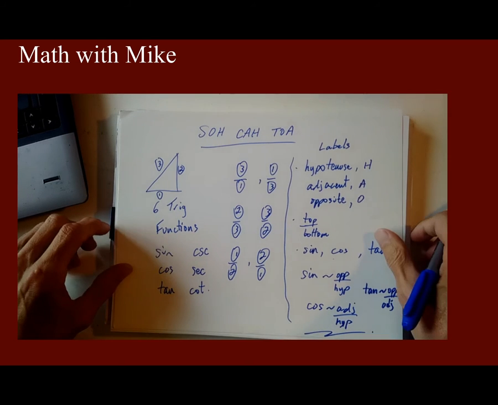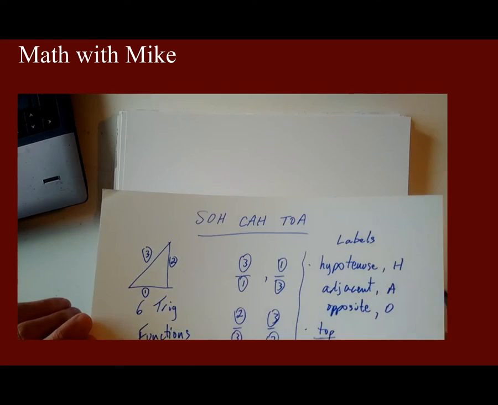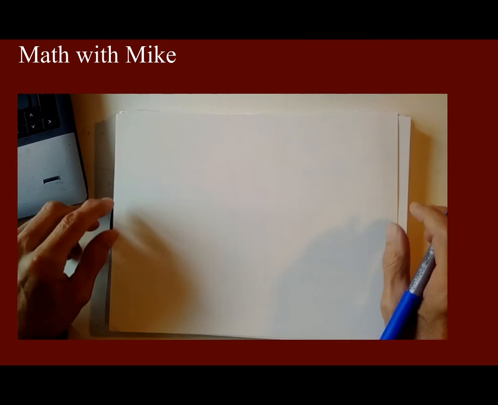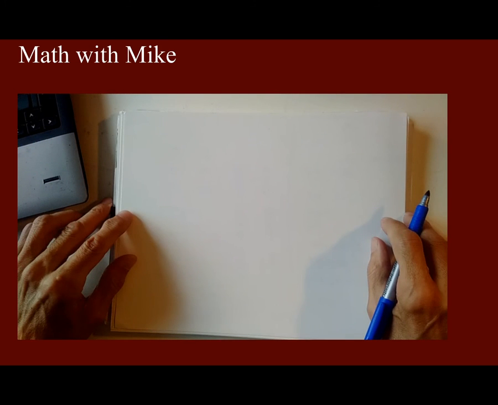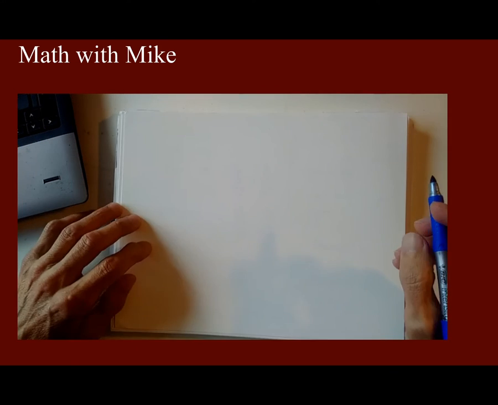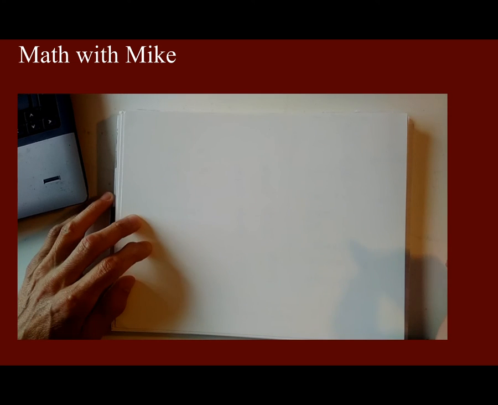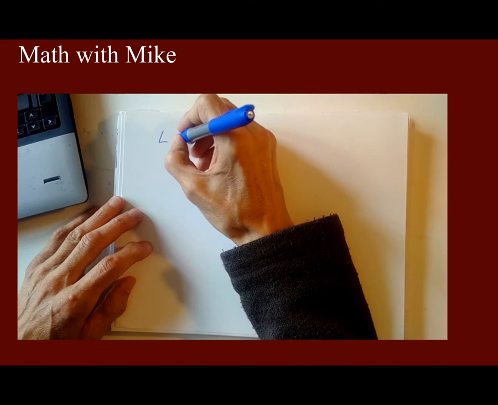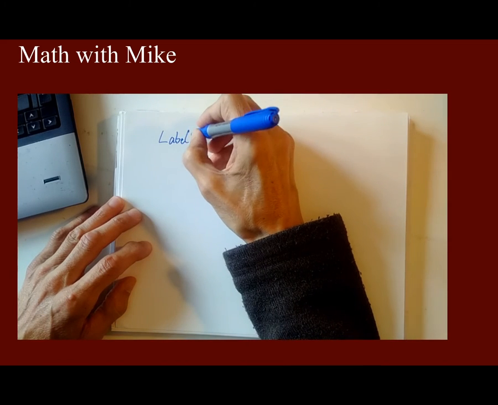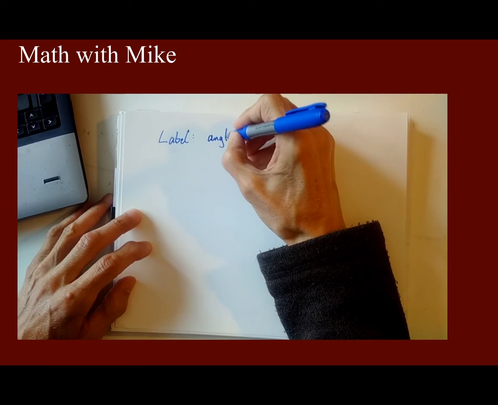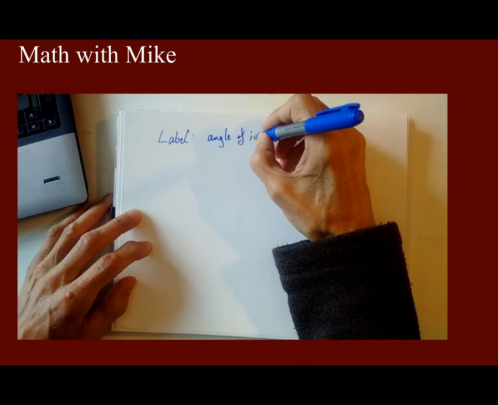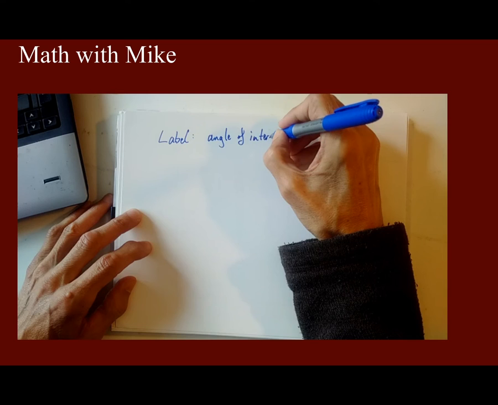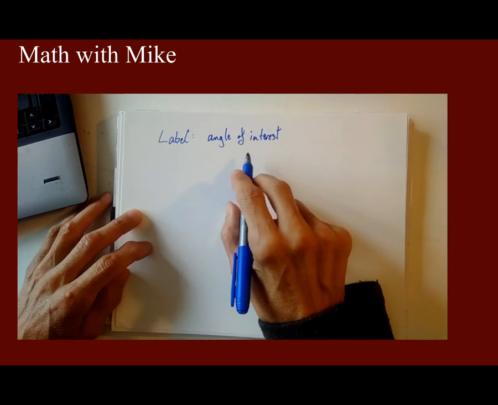So, in conclusion for this part 2 of the intro, the second part, the last part actually. Okay, well, we talked about labeling the triangles, and it's super important that you keep track of where the angle of interest is, as we called it, or the angle we're working with.